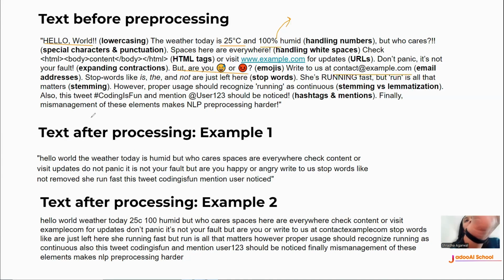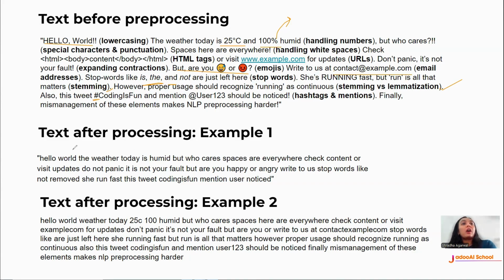Stop words are like the, and, so. Then we also have stemming and lemmatization, which I'll come to in just the next slide. But then you also have these tags. So the moment you scrape your data, you have all these different things, and you need to clean your text.